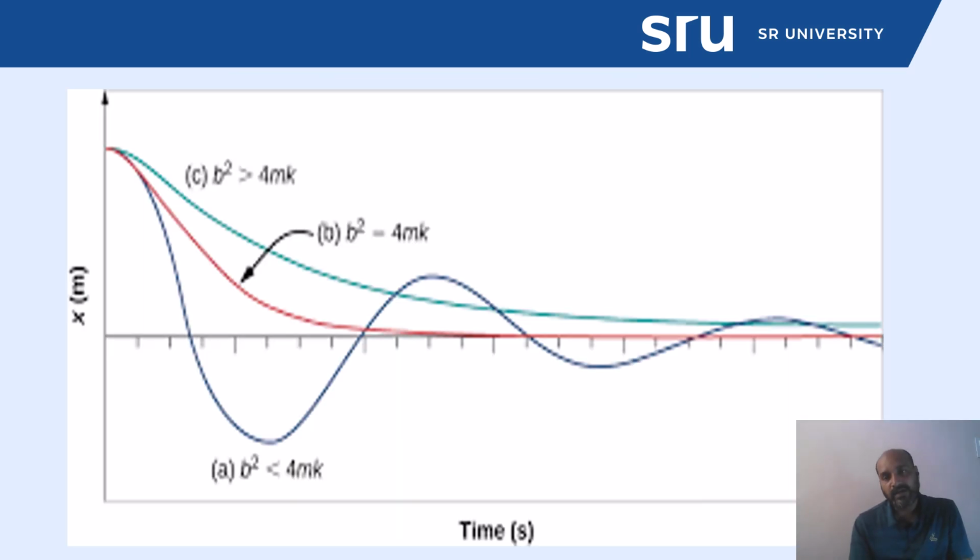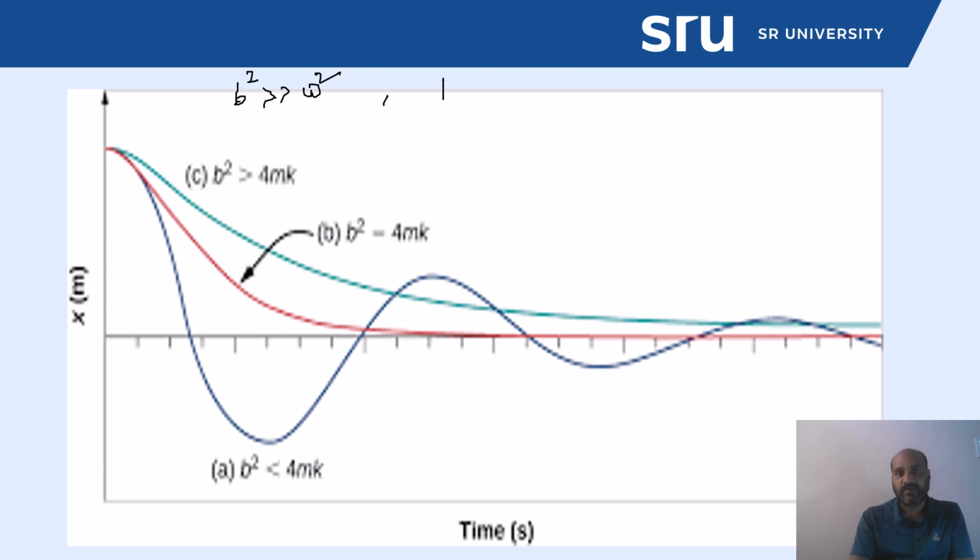Now let's see the graphical representation of the three conditions. The first condition is b square much greater than omega square, the over damped condition.